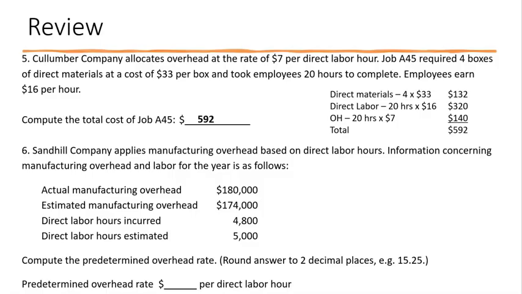Number 6, Sandhill Company applies manufacturing overhead based on direct labor hours. Information concerning manufacturing overhead and labor for the year is as follows. We have actual manufacturing overhead, estimated manufacturing overhead, direct labor hours incurred, and direct labor hours estimated. Compute the predetermined overhead rate, and we need to round our answer to 2 decimal places, for example 15.25.